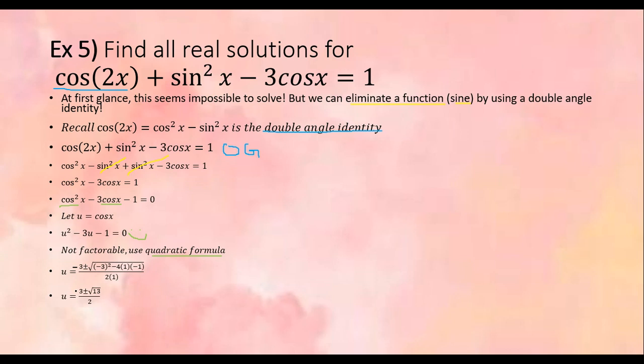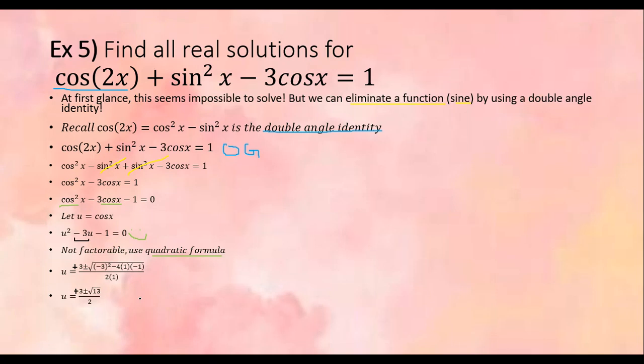Oh, no, it's positive. It's negative b, and b is negative to begin with, so negative negative 3 is positive. So we get u equals 3 plus or minus radical 13 over 2.